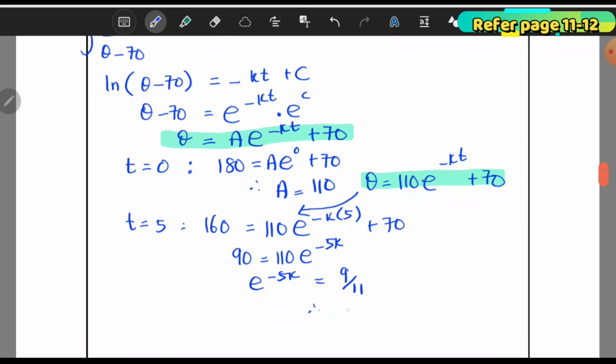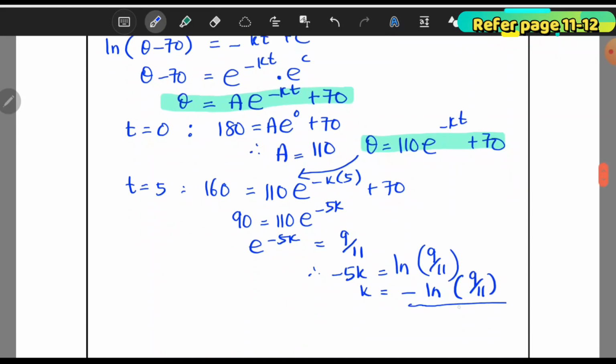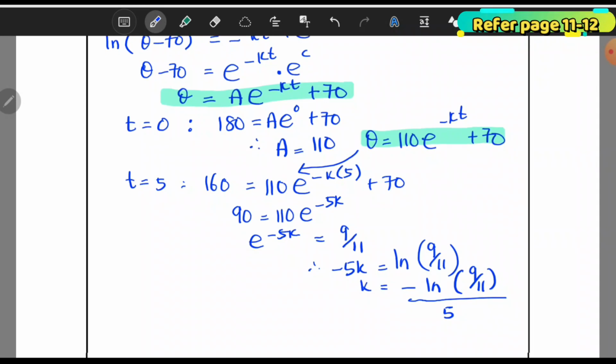Therefore, negative 5k equal to, by taking ln for both sides, ln 9 over 11. k is negative ln 9 over 11, then divide by 5. So this is the value of k.